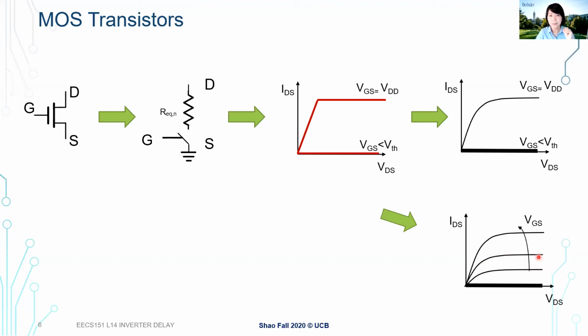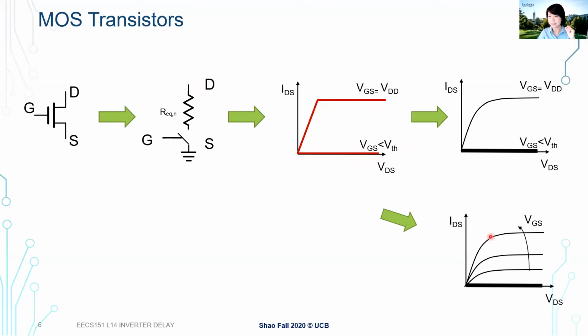So just a quick review, and we go through a lot more of the details. Sometimes it could be confusing, but at a very high level, again, those three operation regions, we think about how current changes with drain to source voltage in each region. Also notice the gate voltage can change, and different gate voltage will have a different line here.